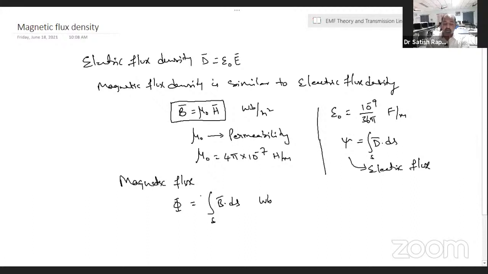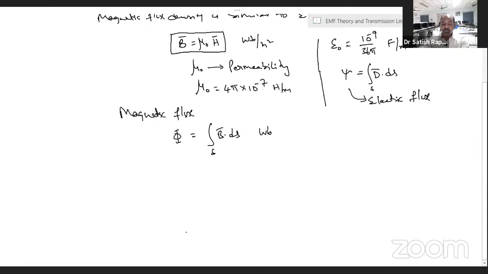And one more thing here. In electrostatic field, the flux passing through a closed surface is the same as the charge enclosed. So the electric flux passing through any imaginary surface is equal to the total charge enclosed.